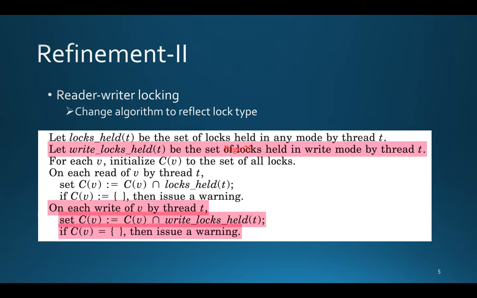For the readers-writers locking, we change the algorithm to reflect lock type. The highlights are the added parts: locks held purely in read mode are removed from the candidate set when a write occurs, since a lock held by a writer does not protect against a data race between the writer and some other reader thread.